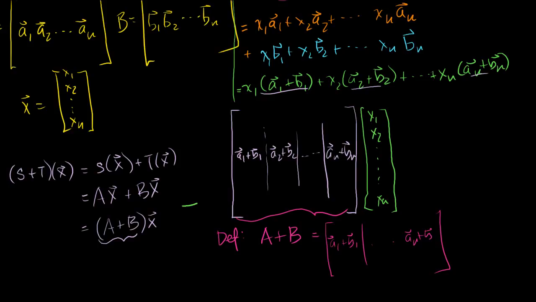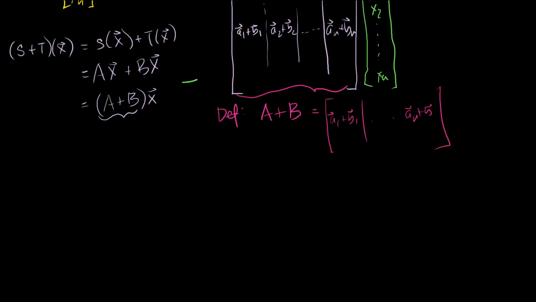Now let's do the same thing with scalar multiplication. We know that c times our transformation of x, by definition, is c times the transformation of x. So c times whatever vector this is in Rm.